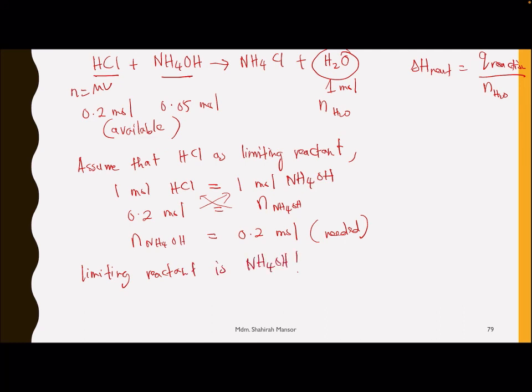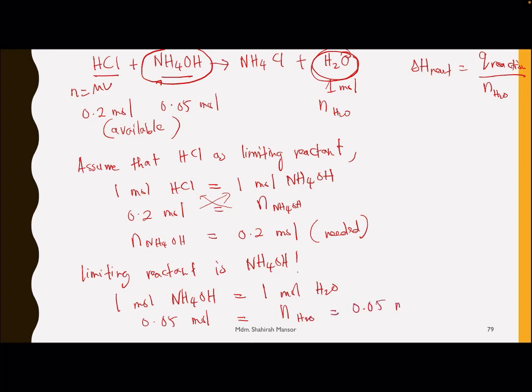So our real limiting reactant will be ammonium hydroxide. Now, after you have got your real limiting reactant, you can simply relate this limiting reactant with water in order to get the number of moles of the water. From the ratio, 1 mole of ammonium hydroxide equals 1 mole of water. So if we have 0.05 mole of ammonium hydroxide, the n of water here will have the same amount, which is 0.05 mole.